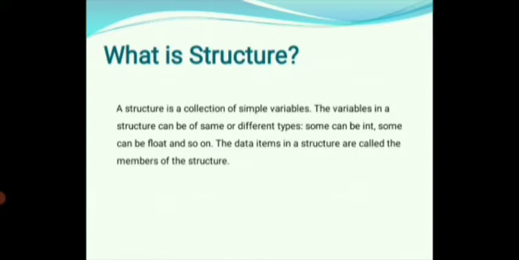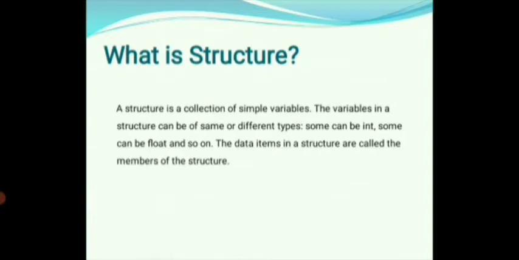As for the structure, the definition is that it is an ordered collection of elements where the elements are heterogeneous, of different data types. So this is the main difference between arrays and structures.